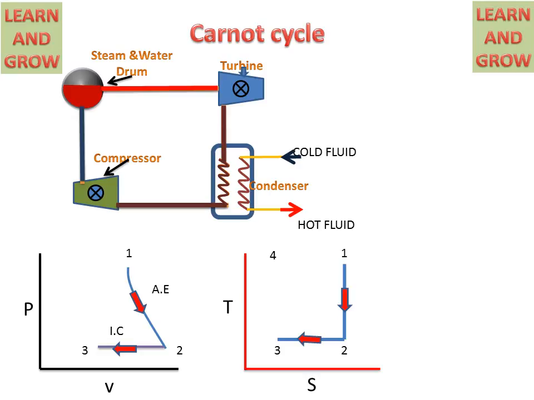Temperature will be the same at point 2 and point 3. Then 3 to 4 adiabatic compression will take place. This is also isentropic. And then 4 to 1 isothermal expansion will take place. So these are the 4 processes which take place during the Carnot cycle working.